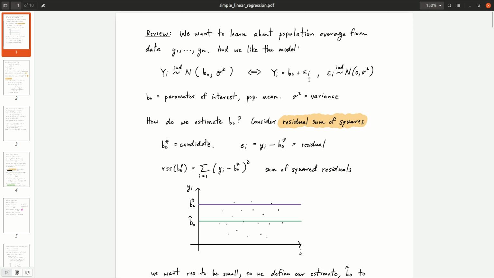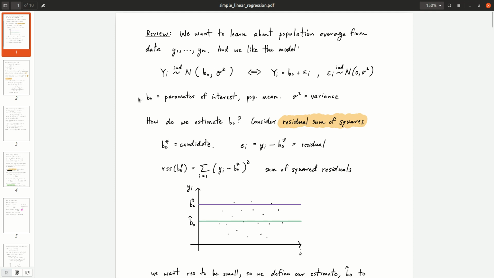So it's just a shift of a normal distribution. And once you know that something has a normal distribution, all you have to do is figure out its expected value and its variance. In this case, the expected value is just b0 because it's a mean 0 normal variable epsilon i shifted by that amount. And shifting it doesn't change the variance, so the variance remains sigma squared.